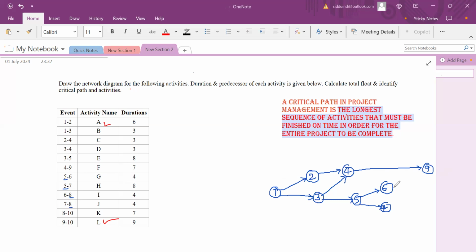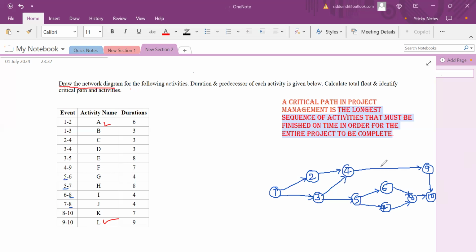So here it is 8: one is from 6 to 8, another one is from 7 to 8. And 10 is here: one is from 8 to 10, another one is from 9 to 10. This is the exact network diagram we drew. The first part of this question, drawing the network diagram, is completed.